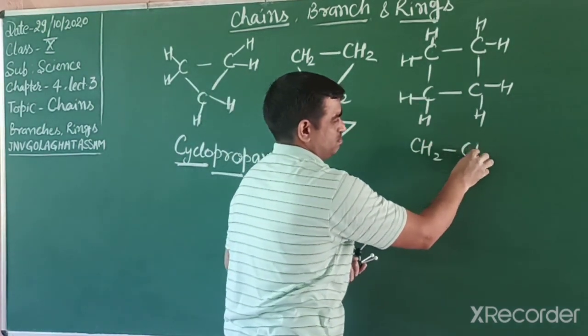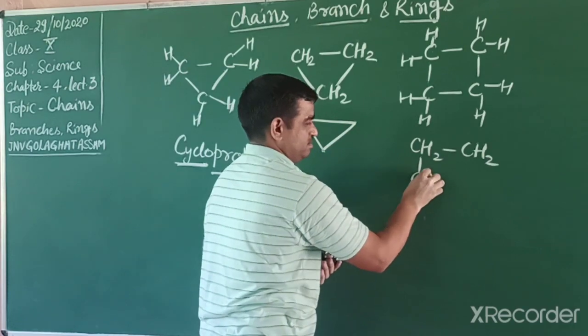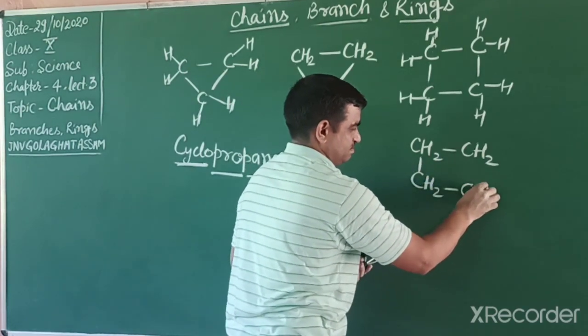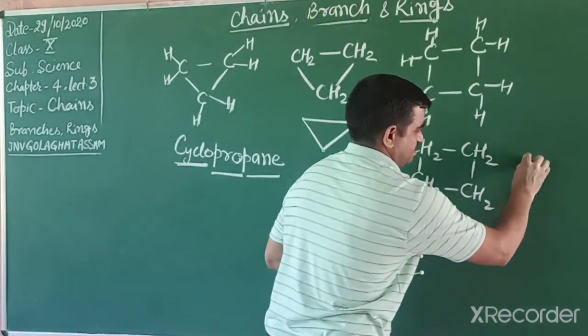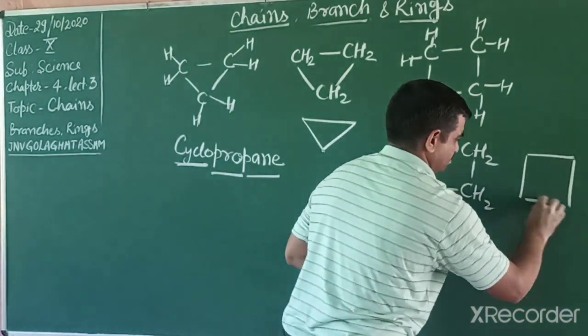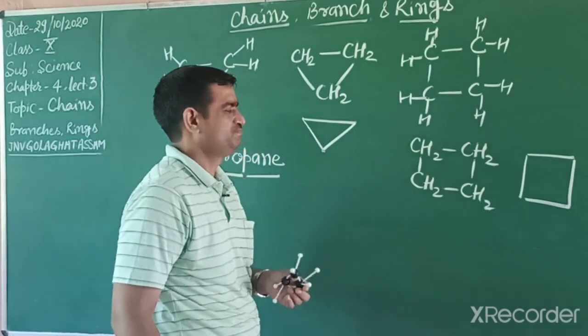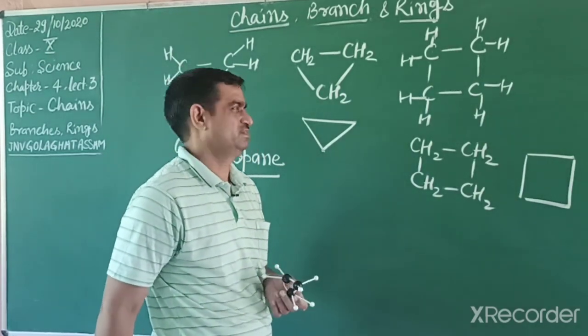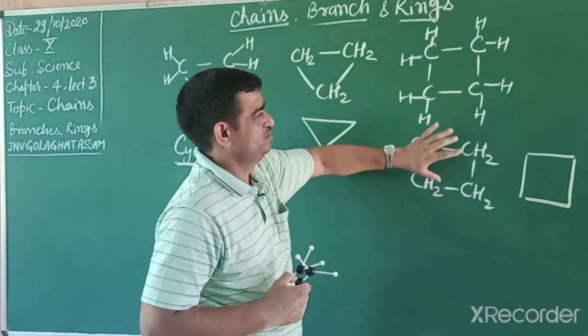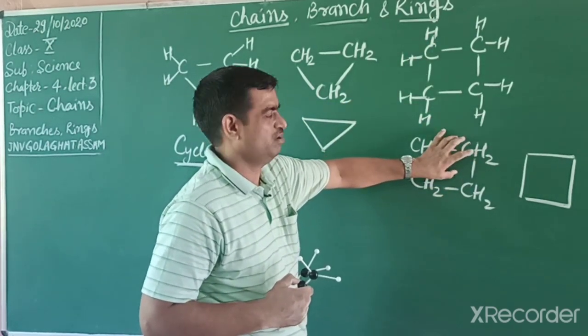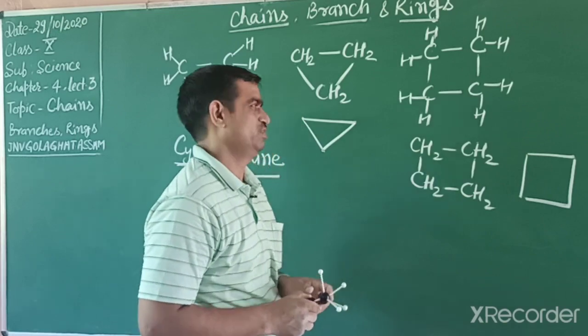CH2. In this way we can represent it. That is a ring compound. Or we can write like this, bond and line formula. So this one is the complete structural formula. This is a slightly condensed form, the bond line formula.